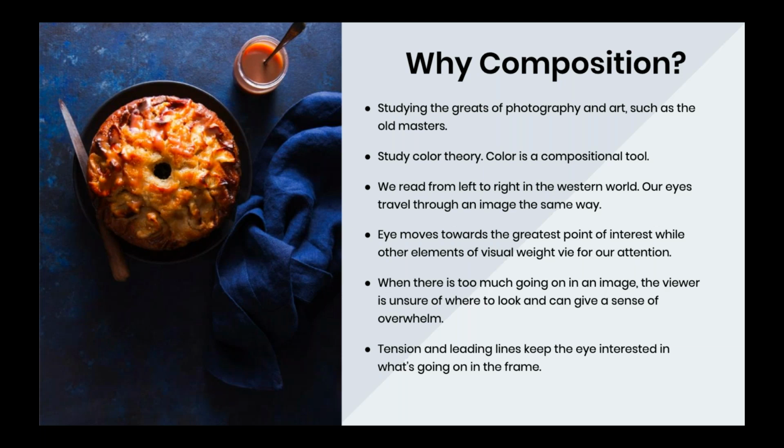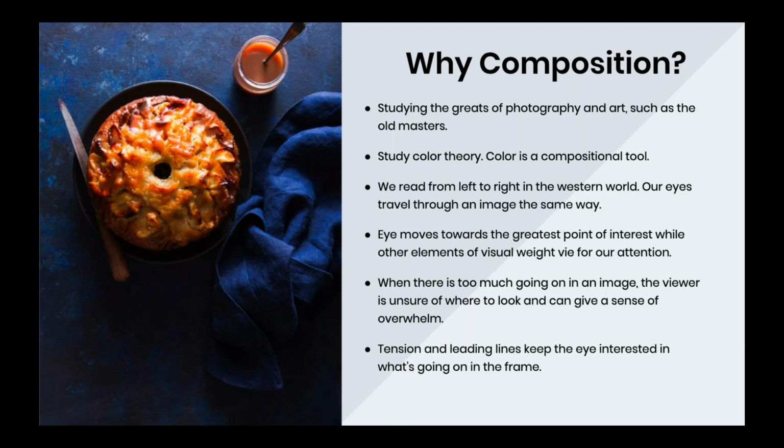This is something that a lot of people also don't realize, but it's going to affect the way that you interpret an image and the way you compose an image, depending on the market that you're working in or shooting in. So when we're reading from left to right, we're basically looking at an image the same way. The eye moves towards the greatest point of interest, which is usually our subject or our food subject, or what we call our hero.